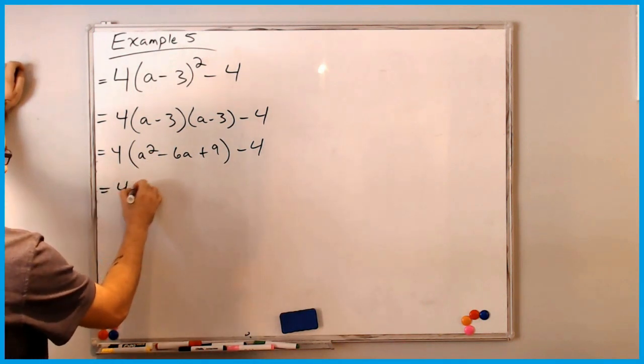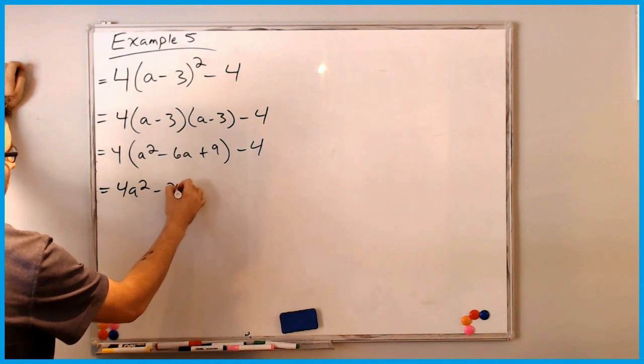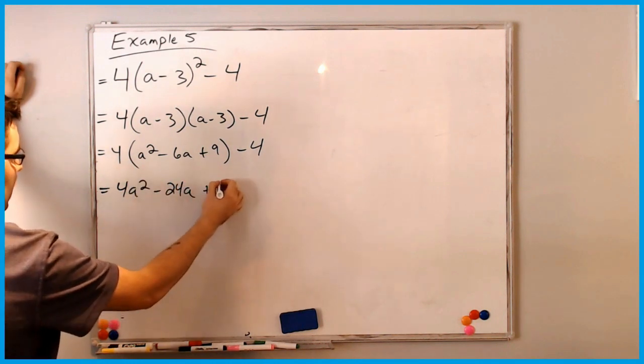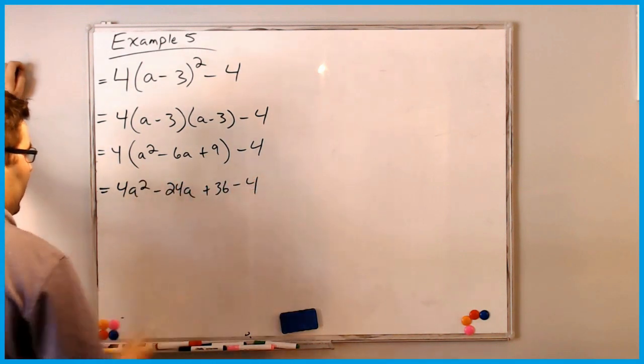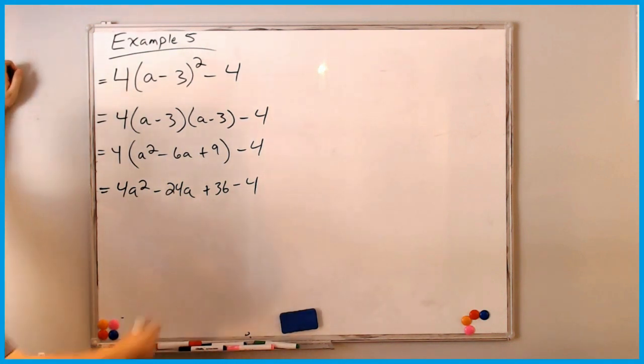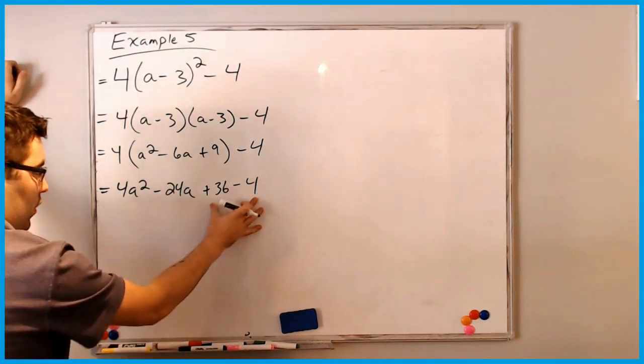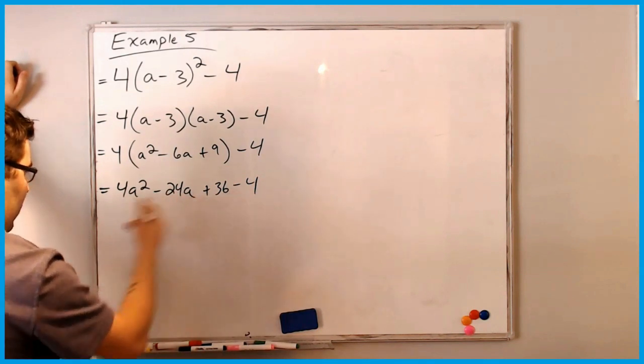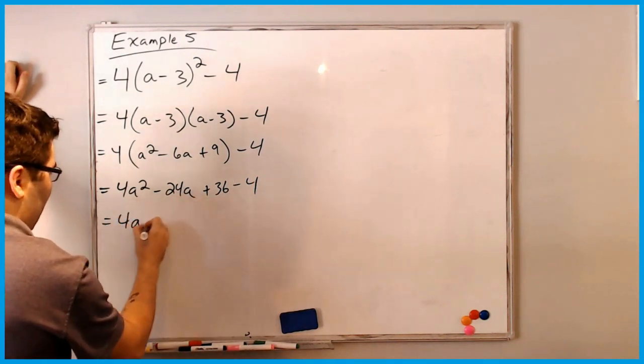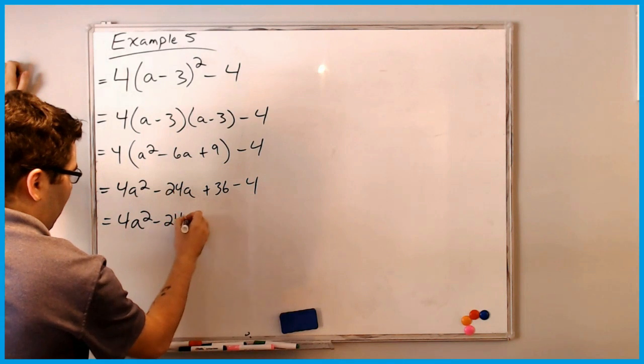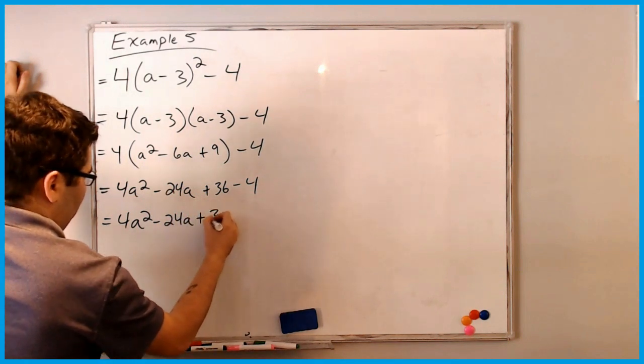So that's 4a squared minus 24a plus 36 minus 4. Okay. So now you actually have this written in a way where you can do that minus 4. So you're going to do that minus 4 and you get 4a squared minus 24a plus 32.